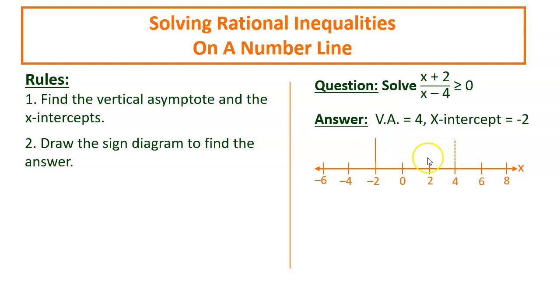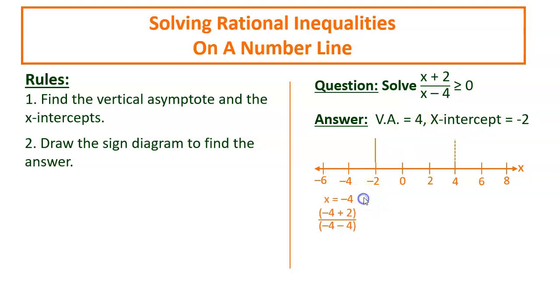Now these two are dividing the entire number line into 3 parts, and as we know, we have to take one value of x from each of these 3 parts, substitute that value in the given expression, and find the sign of the result.